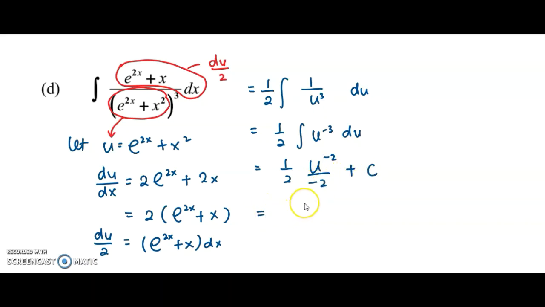Then simplify. I have a 1 over negative 4, and the u is going to be u squared. So the u we are going to substitute with e power of 2x plus x squared, and the whole thing is squared, plus constant.